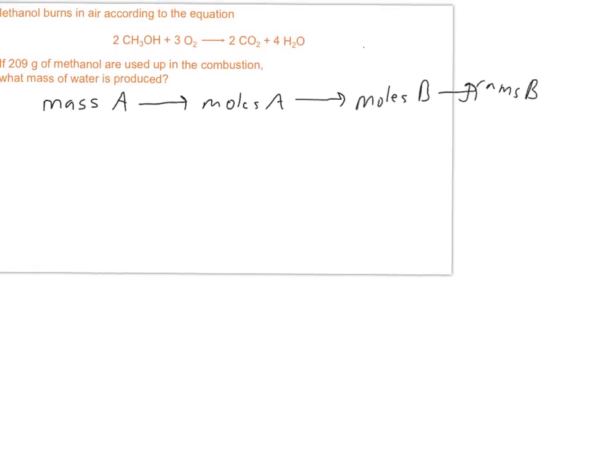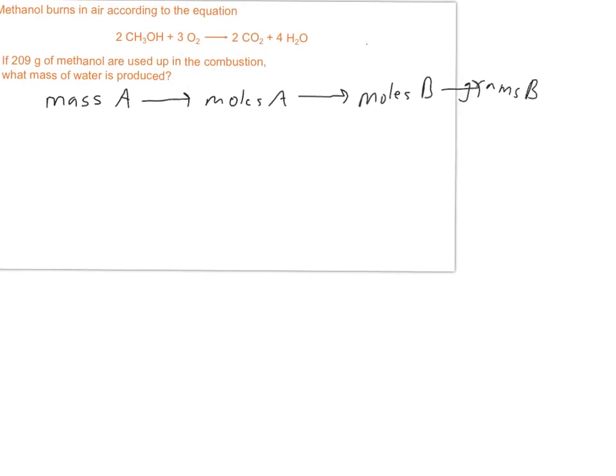So what we're given in this problem is a mass of methanol, and it's asking for a mass of water, a product. It could be a mass of anything in the balanced chemical equation, but the process utilized is the one that's mentioned. To get from mass to moles, you use molar mass.